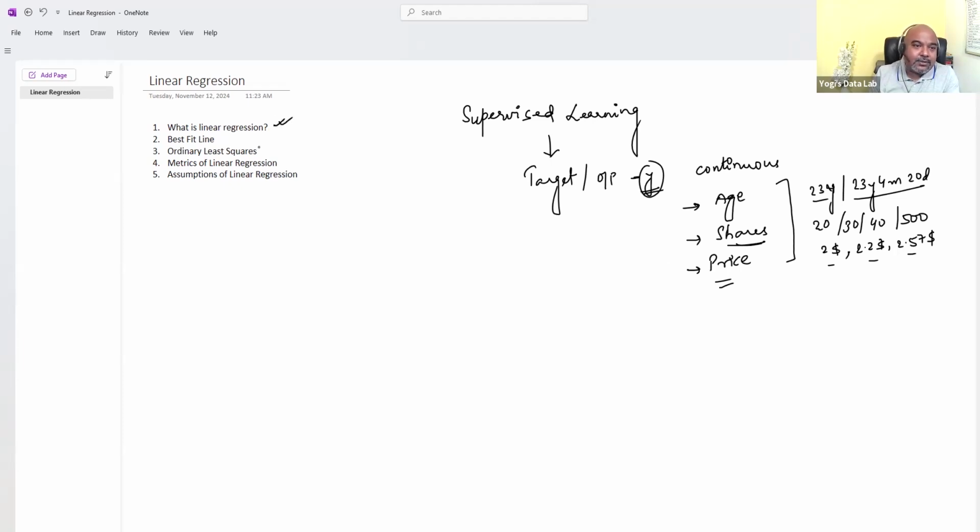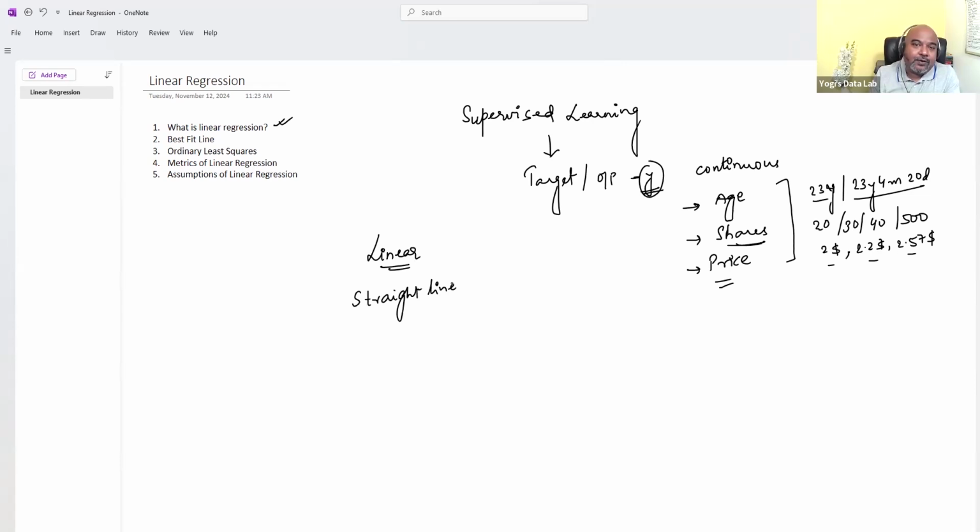Having said this, let us also try to understand what exactly it means by linear regression. There are two terms here. One is linear, other is regression. So linear, it pretty much makes sense that when I say linear, it is talking about a straight line.